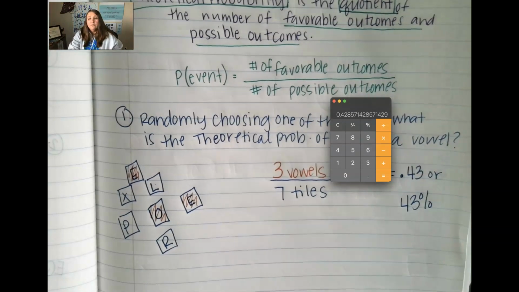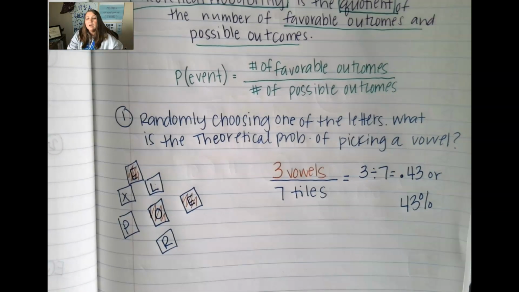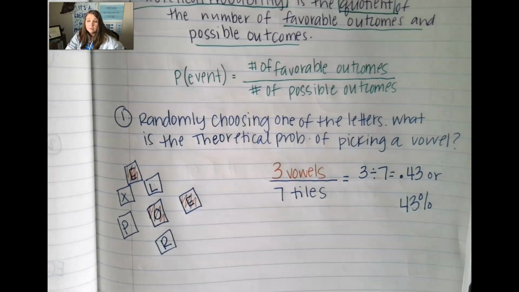So you have a 43% chance of choosing a vowel, a 43% chance. Almost 50%, but it's a 43% chance.